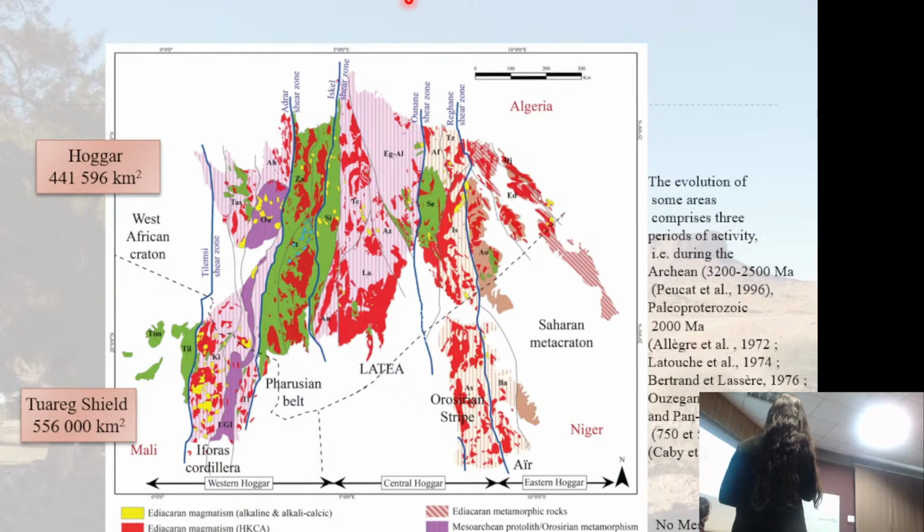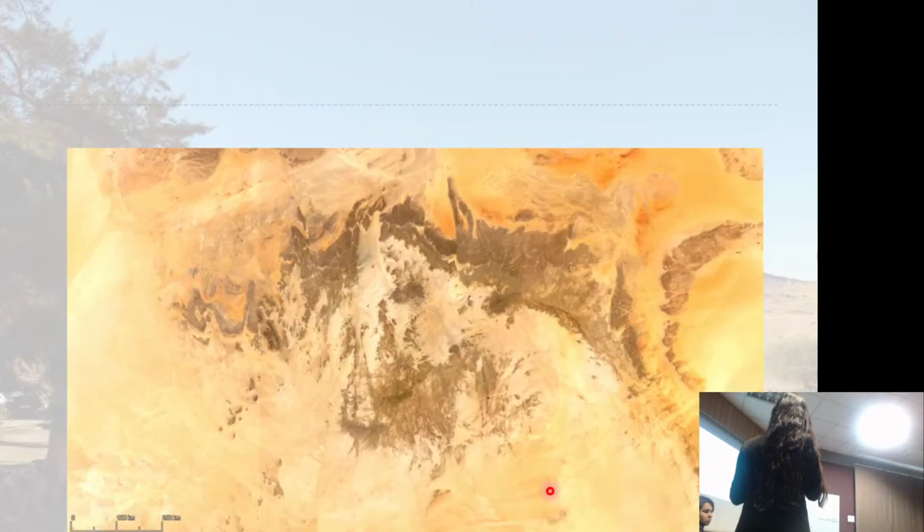As you see, most of the suture zones and the shear zones are northwest to southeast, except in this part. And you will see in the next slides that this part of the Hoggar has a very different history compared to the others.